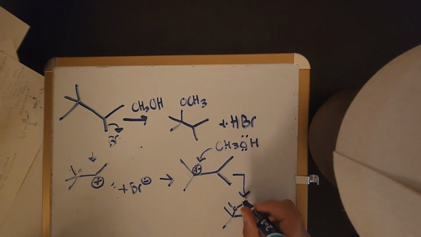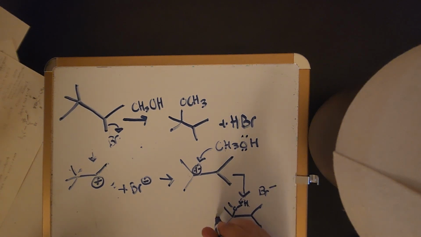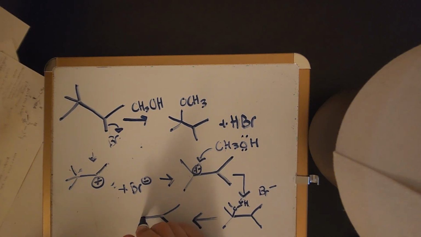Once it does that, this H is actually going to give its electrons here to O, and this Br minus is going to take the H, resulting in that.